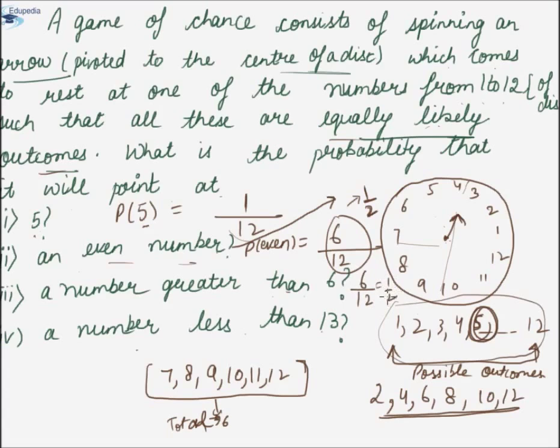So the fraction 1 by 2 is the probability for this event. The last event, which says a number less than 13. All the numbers are less than 13. So all the 12 outcomes are favorable to this event, and we have total outcomes as 12, and hence 1 is the probability of the fourth case.